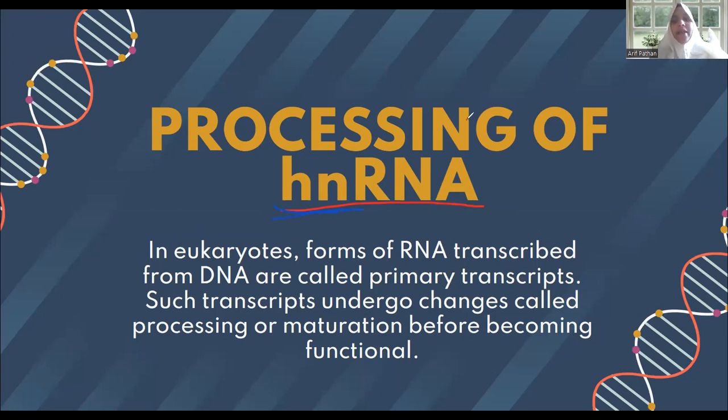This single stranded mRNA is made up of certain regions, certain sequences which will be copied from the DNA. Eukaryotic DNA has many such sequences which do not code for any protein, which do not code for any amino acid. So they are known as introns. This we have discussed in detail in the previous video.